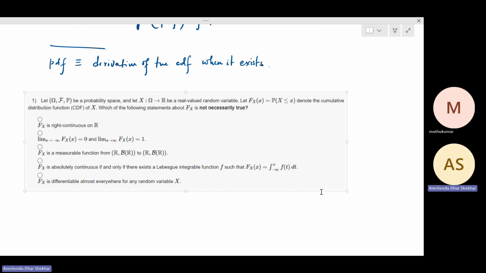Yes, I mean, all the options seem correct to me.